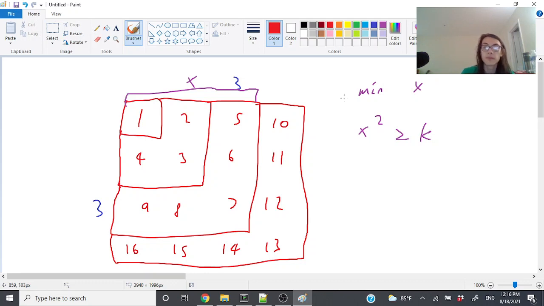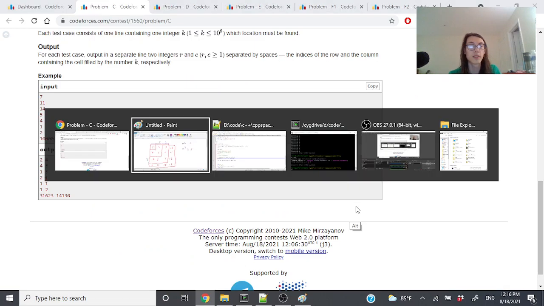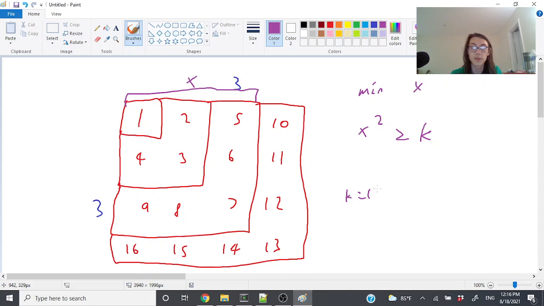So what does this mean? Now we know we're going to be in this group. For example, let's take the input of 14. So k equals 14.